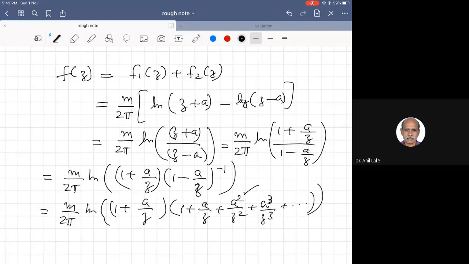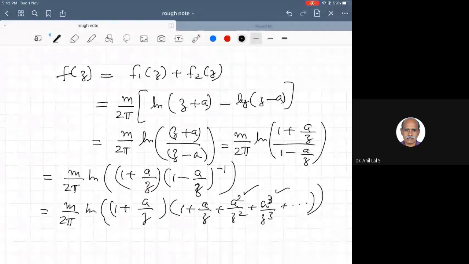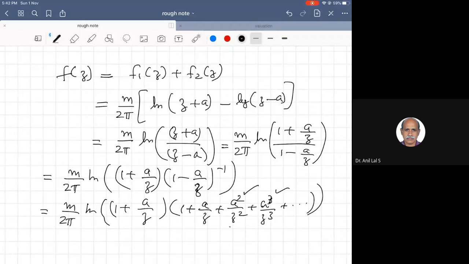When a tends to 0, a squared will be tending to very small, and we neglect the square terms.